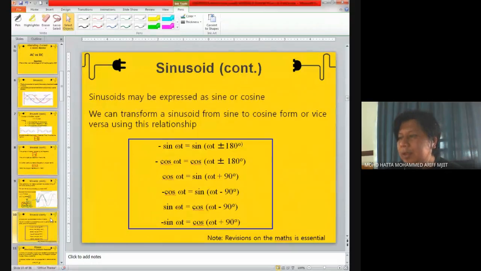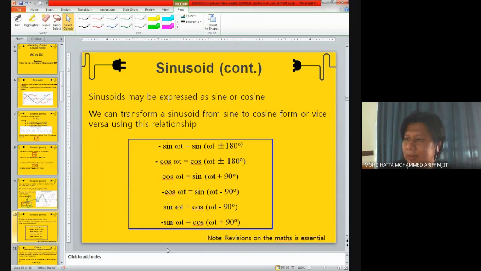This is something that I don't like to get into details because it's mathematics. A sinusoid may be expressed as sine and cosine, you know that. We can transform a sinusoid from sine to cosine or vice versa using trigonometry relationships.